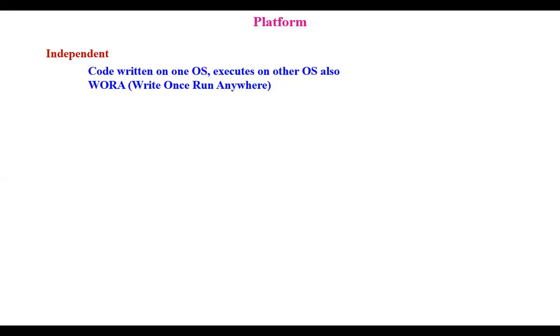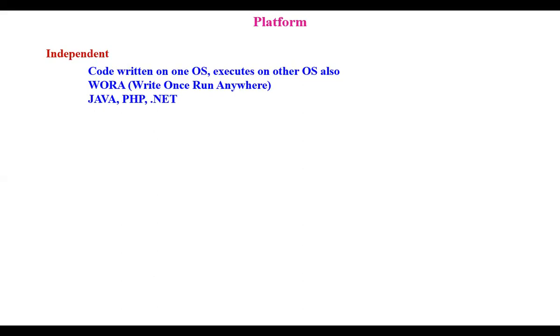We generally call it WORA, which means write once, run anywhere. You write a program in some language, and it does not run only on Windows or only on Mac. It can be run on any operating system, anywhere.